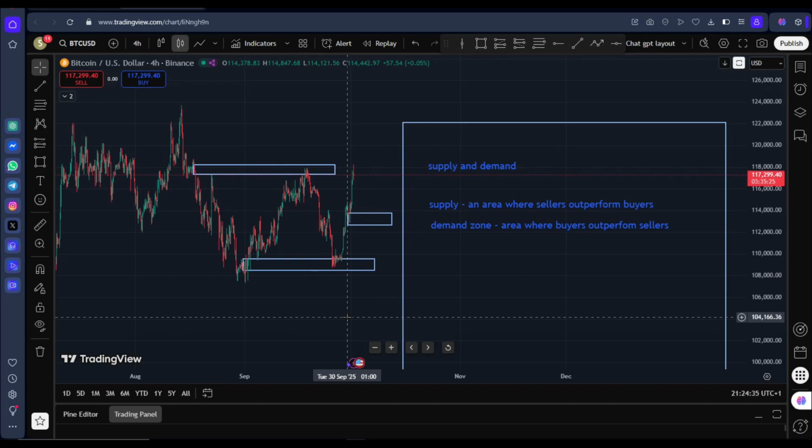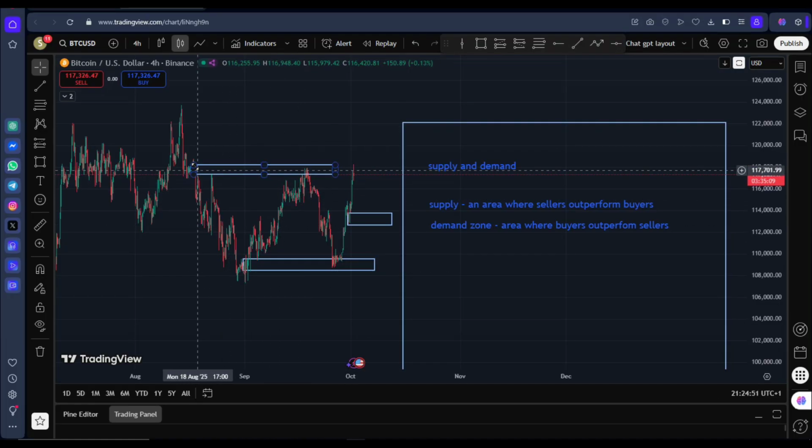So this is a supply zone. Price had its first impulsive move down, pulled back, came up, came down, came up again, came down, and then finally retraced, took out this high as liquidity, got into this supply zone, and immediately sold off.